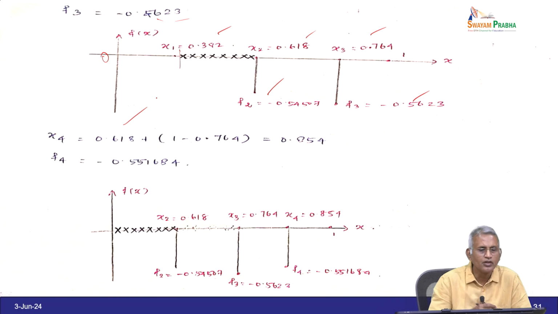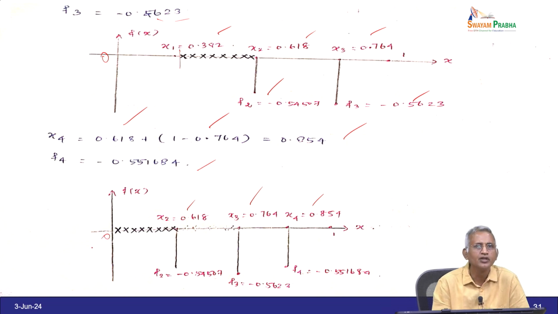Therefore, 0.618 plus 1 minus 0.764 is equal to 0.854. Now, f of x4 equal to x into x minus 1.5 is minus 0.55164. Now, put it in the graph. x2 is the limit interval, therefore, x2 equal to 0.618, x3 equal to 0.764 and x4 equal to 0.854, and the maximum limit is 1, minimum is 0.